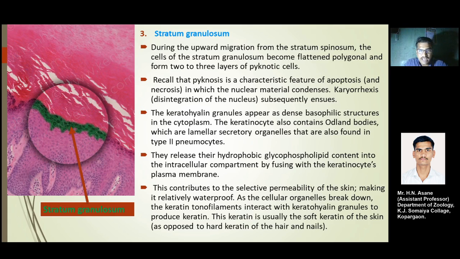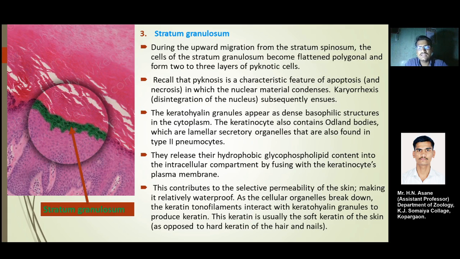So as the cellular organelles break down, the keratin tonofilaments interact with the keratohyalin granules, and they produce the keratins. This keratin is usually the soft keratin of the skin, as opposed to the hard keratin of the hair and the nails.